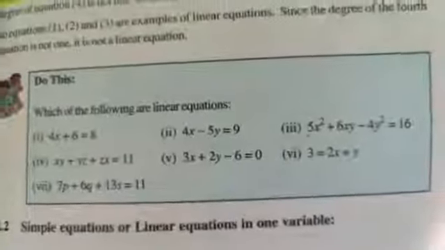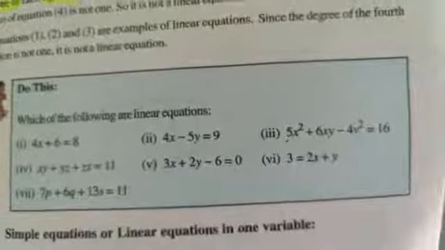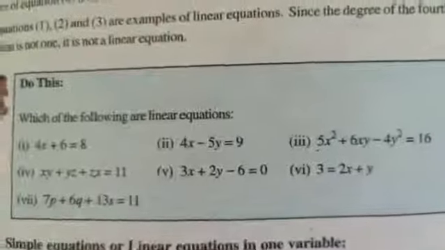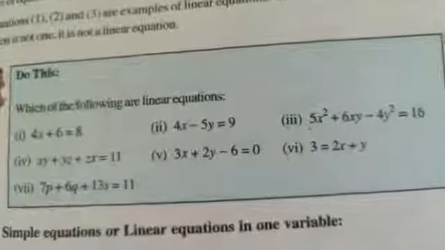In the third sum, 5x square plus 6xy minus 4y square equal to 16, observe the degree of the first term, 5x square: the power of x is 2. So it is a second degree equation, not a linear equation.